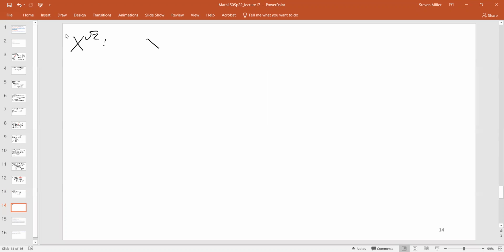So let's write x to the root 2 as e to the g of x. I want to find g of x. What should I do to both sides to solve for g of x? Take the natural log. So if I look at the natural log, and we always use log sadly in college for natural log, of x to the root 2, it's the natural log of e to the g of x.